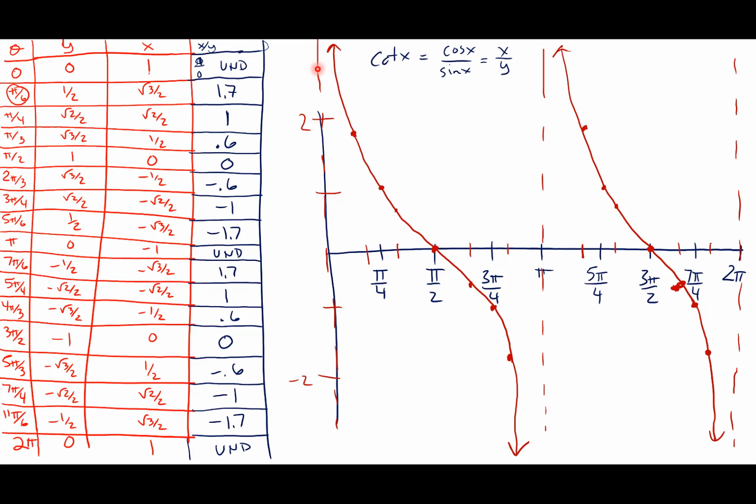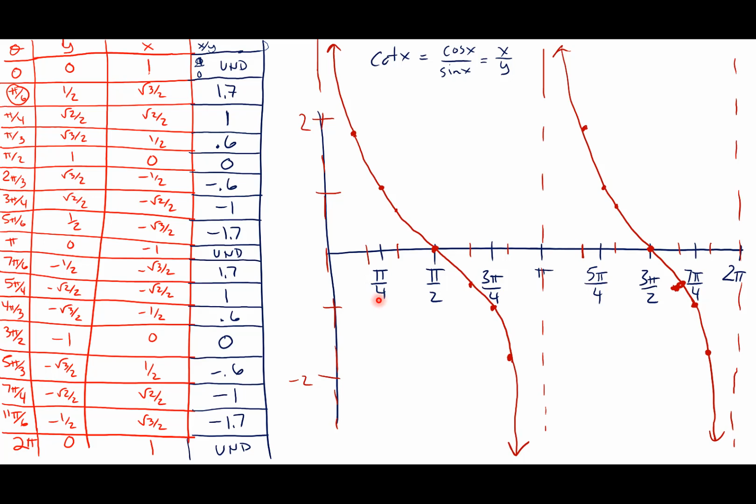Alright, so we're going to make a graph. Highest point to be a 2, lowest point to be a negative 2. Coming across here, we're going to fill it in with 2 pi at the end. Take half of that initially, gets you to pi. Take half of that, gets you to pi over 2. And then take half of that, gets you pi over 4.